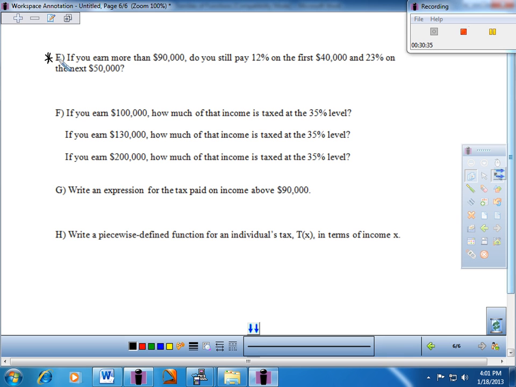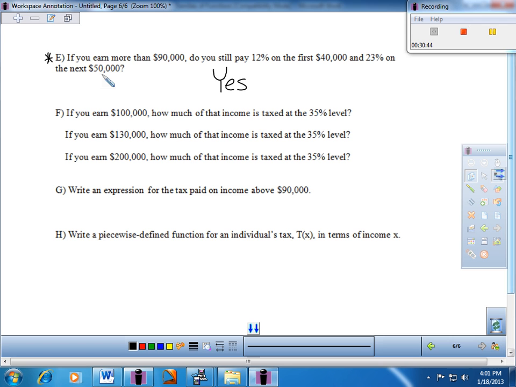And what is the answer to this particular question? If you've been following along, I think you can only answer yes. So the way this tax system works, we pay 12% on the first 40, we pay 23% on the next 50, and then we start to pay 35% just on the money above 90,000.